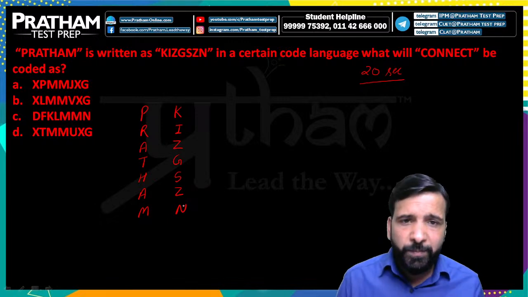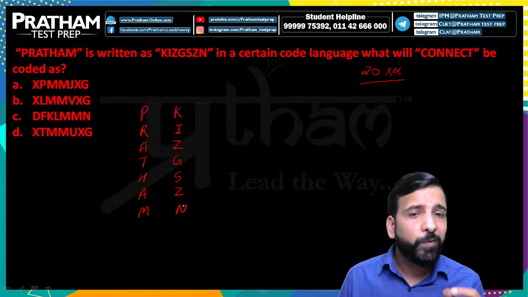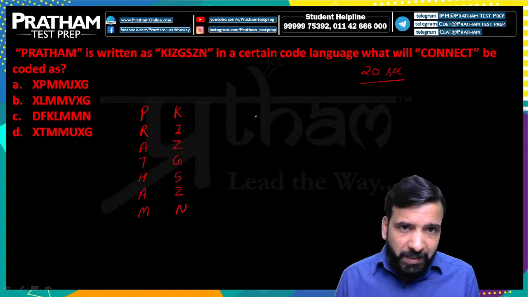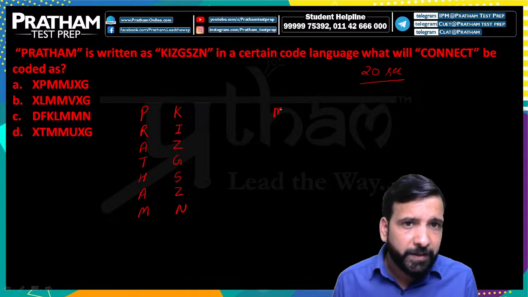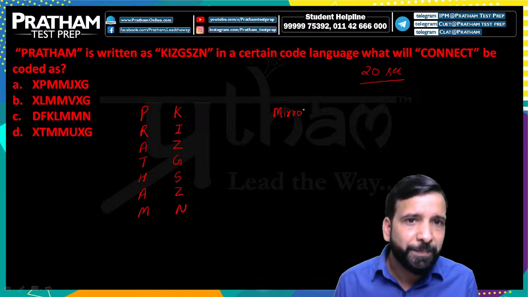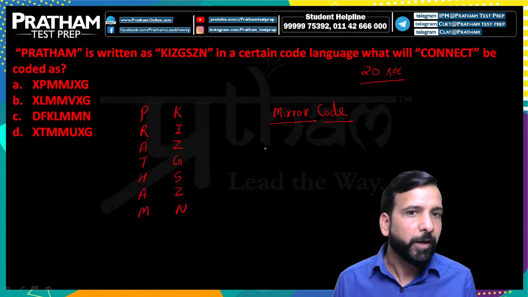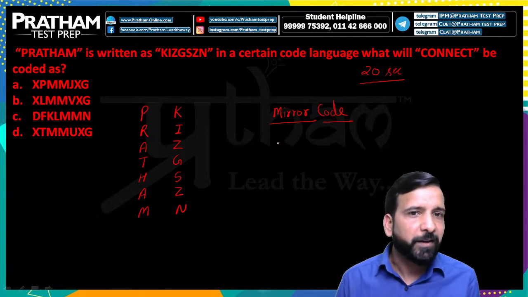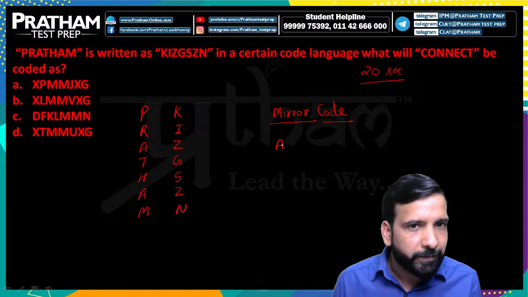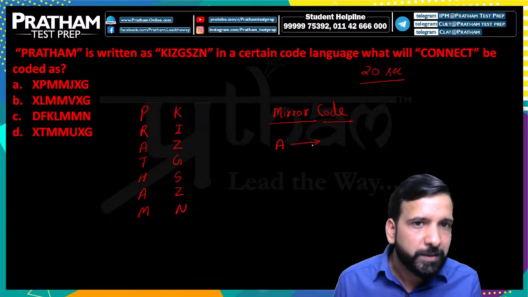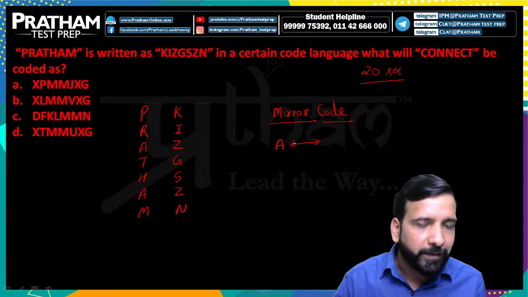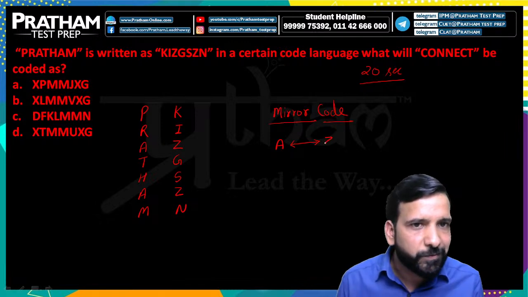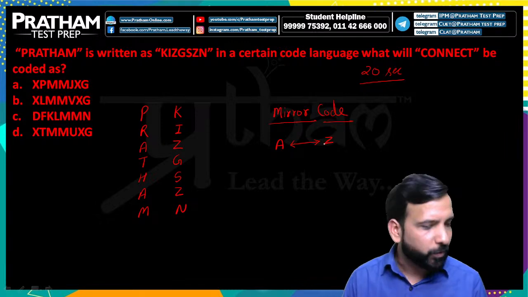So in the last question we discussed mirror code value. Then there is one more term we have, that is mirror code. What is mirror code? Mirror code क्या होता है? So mirror code basically, A is the very first letter and its mirror code is सबसे last वाला letter, and the last letter is Z. So A and Z are mirror codes.